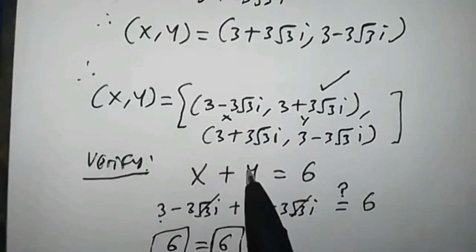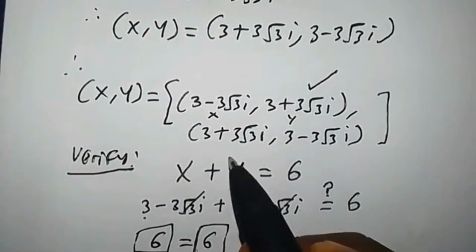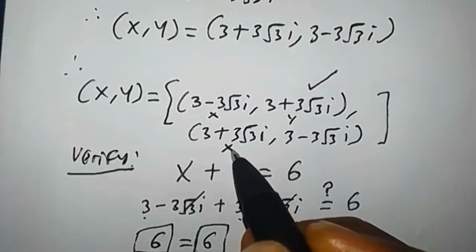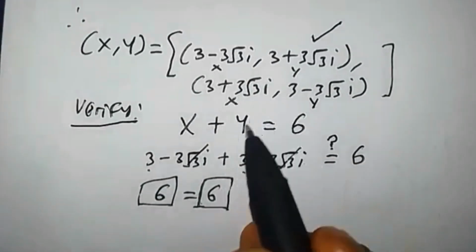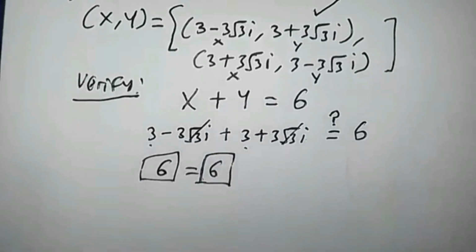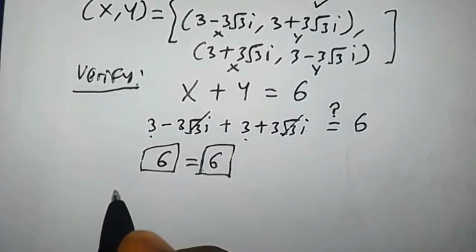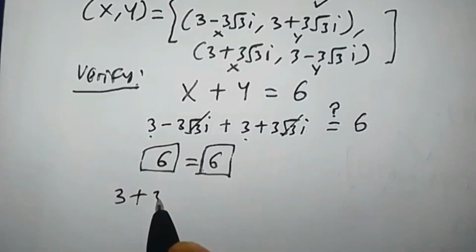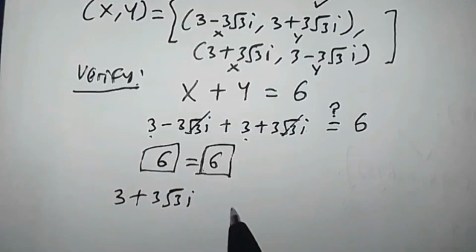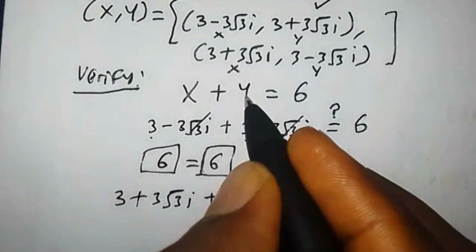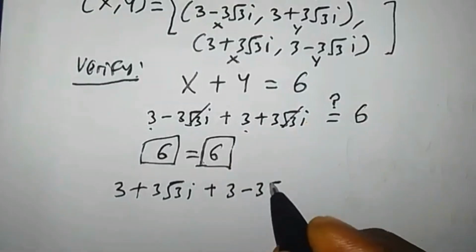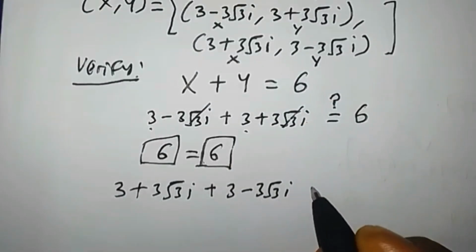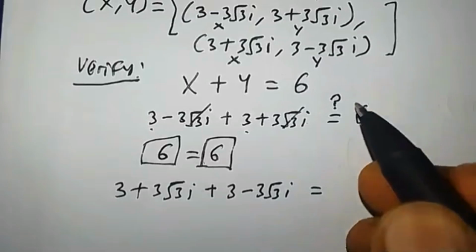Now let us verify this second answer. This is x, this is y. Plugging it into this expression, we have 3 plus 3 root 3i plus, in place of y, we write this 3 minus 3 root 3i equals 6.